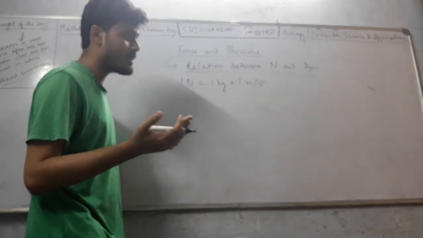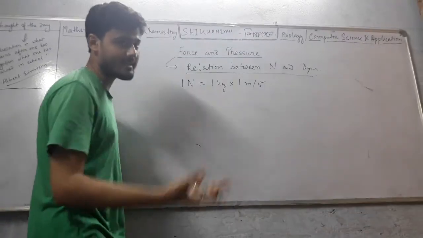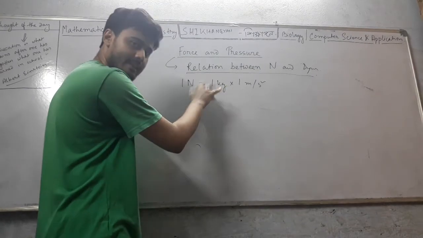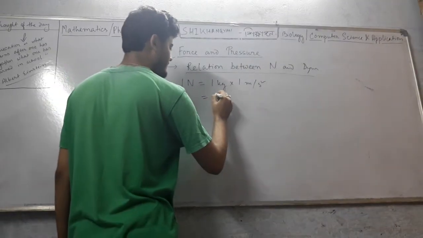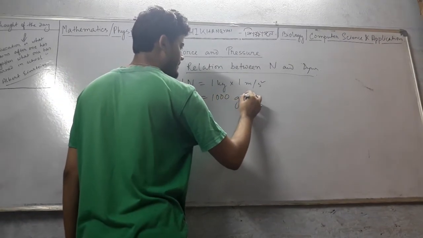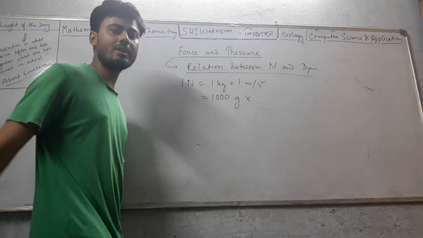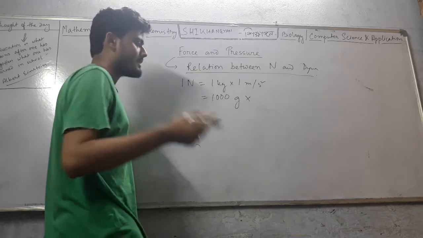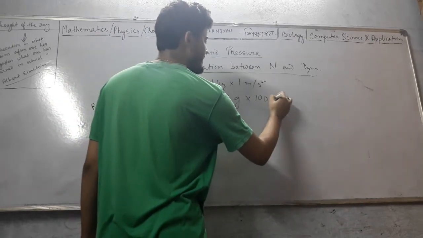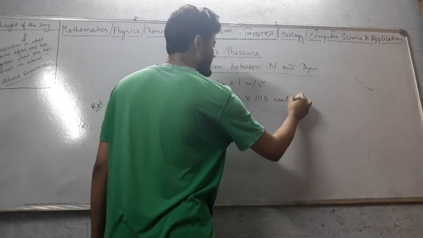Right? So we have to find in dyne, that means we have to convert this SI into CGS. 1 kg means how many gram? 1000 gram. 1000 gram into 1 meter per second square. How many centimeter per second square? Meter to centimeter multiplied by 100. That means 100 centimeter per second square.